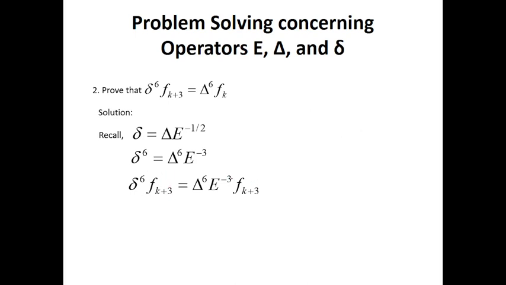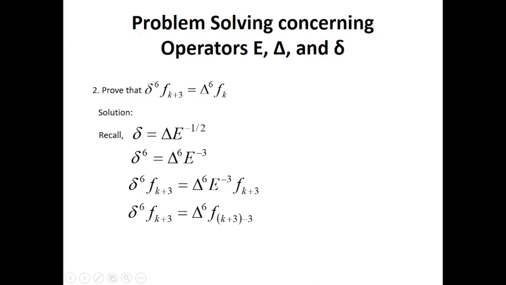Okay? And then, mawawala ito. Paano mawawala? Okay? Add natin dito, plus negative 3. Para mawala yon, no? So, in that case, delta to the power of 6 f sub k plus 3 equals delta to the power of 6 f sub k plus 3 minus 3. Okay?